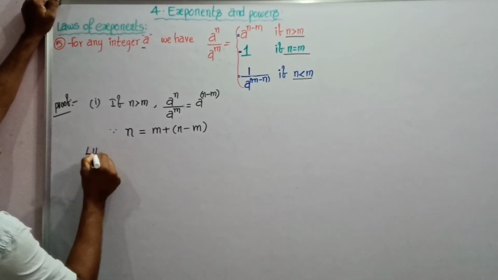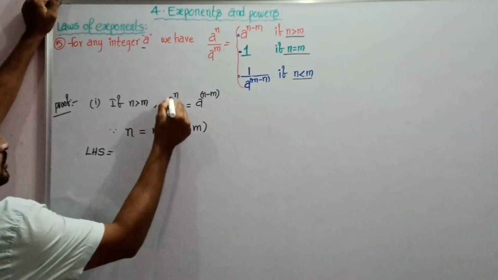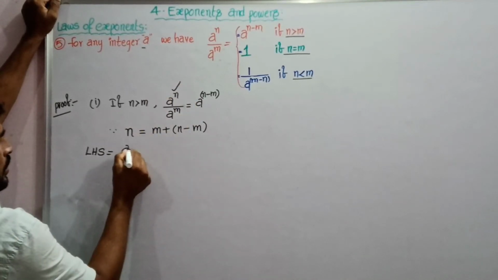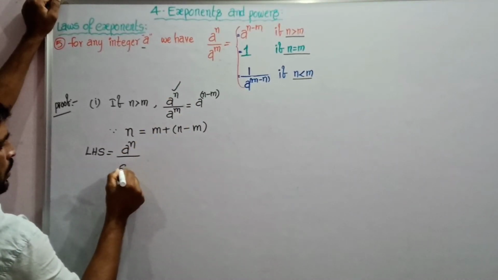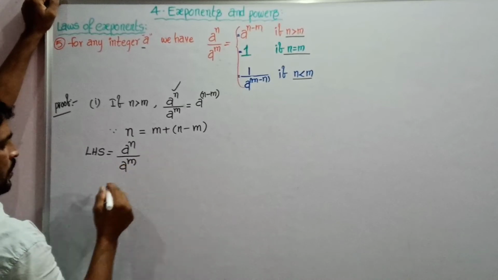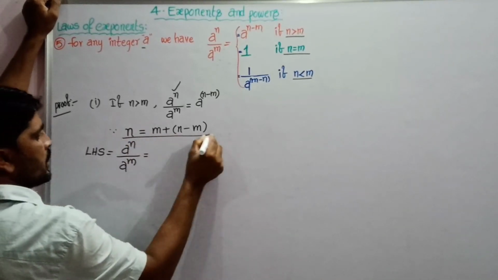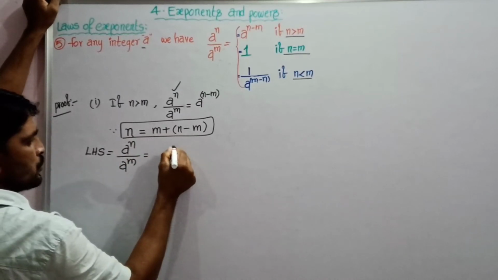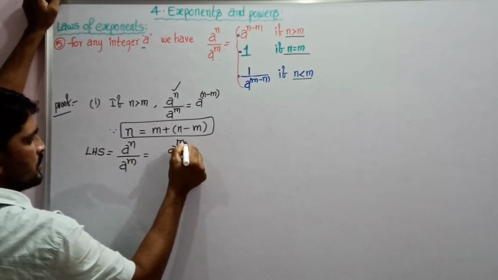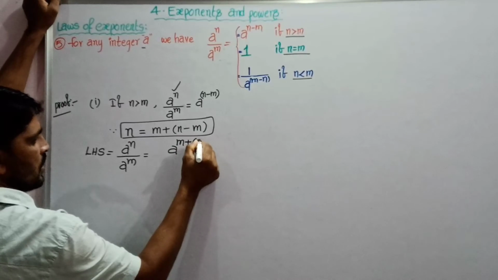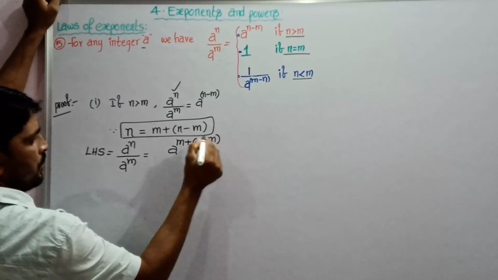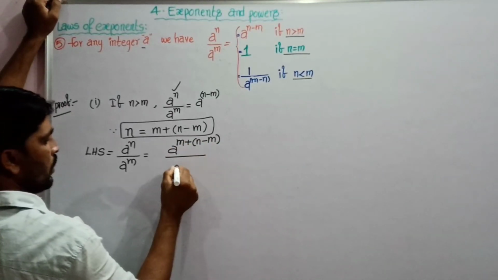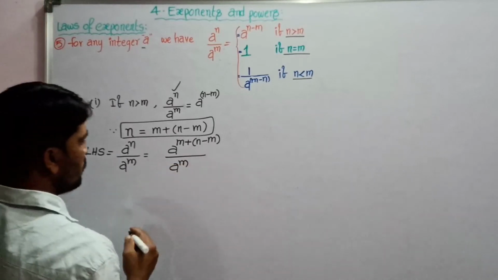Now consider LHS. LHS is a power n over a power m. But n can be expressed as m plus n minus m. So substitute the n value, that is, a power m plus n minus m over a power m.